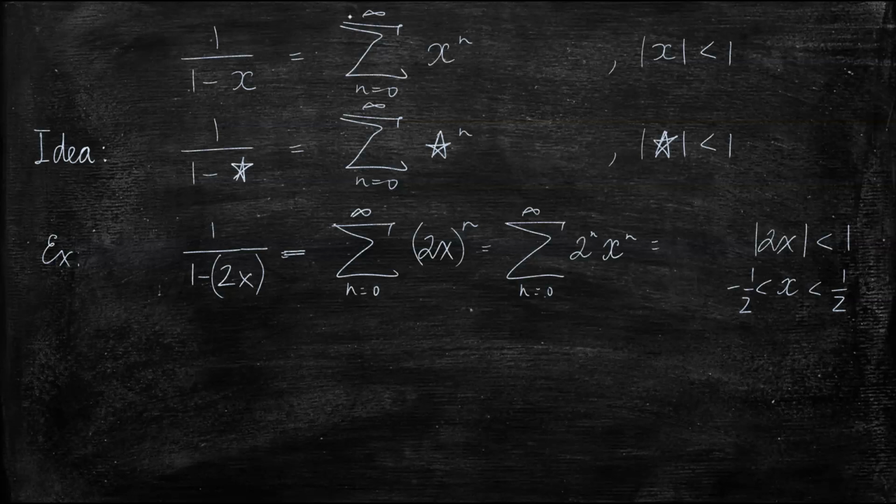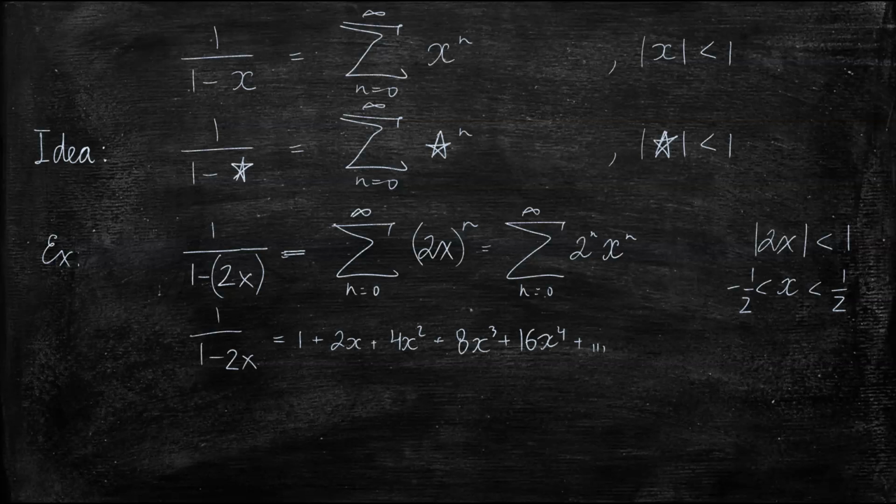And what we have learned here is that the function 1 over 1 minus 2x has the following power series representation. So I'm just going to expand the first 5 terms. So it's going to be 1 plus 2x plus 4x squared plus 8x cubed plus 16x to the 4, and so on.